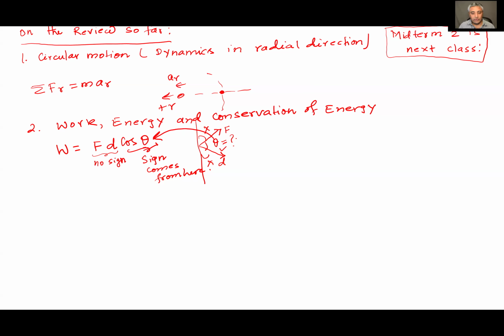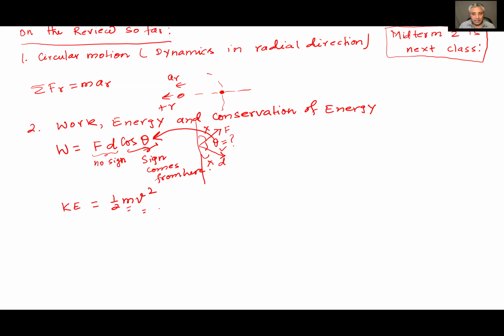And transfer of work is energy. So energy can be of two kinds. One, kinetic energy, which is energy in motion. So that means if an object has mass m and speed v, then it has a kinetic energy.